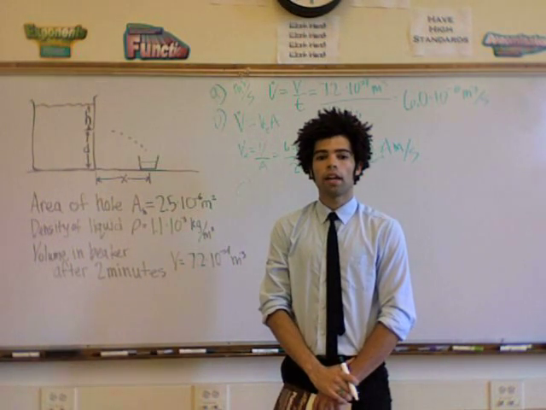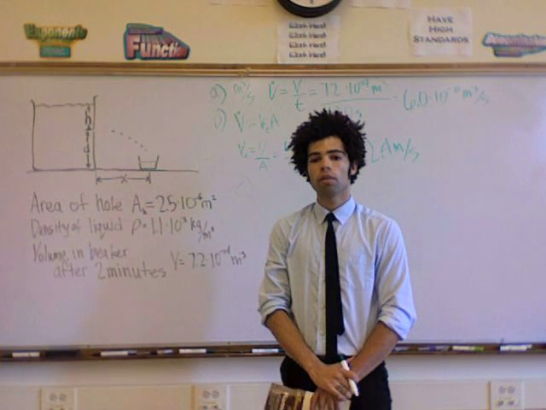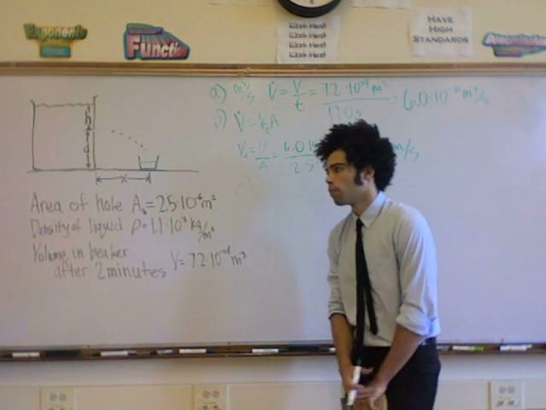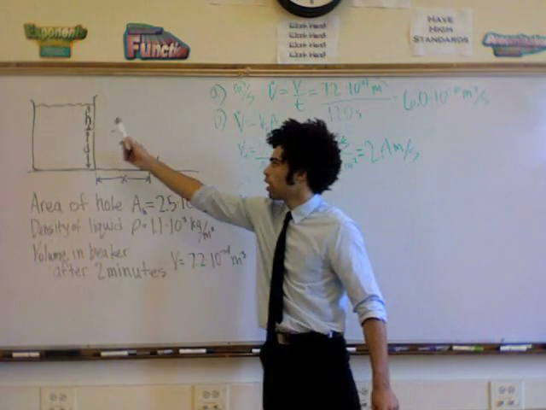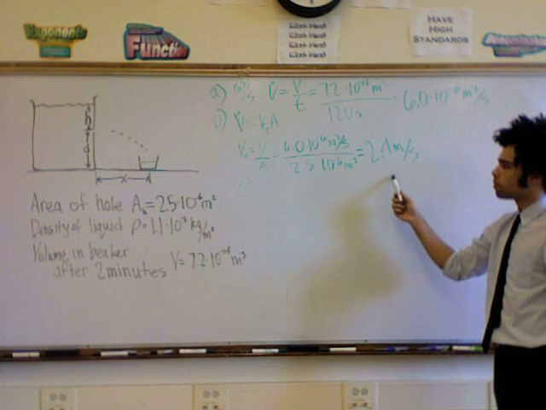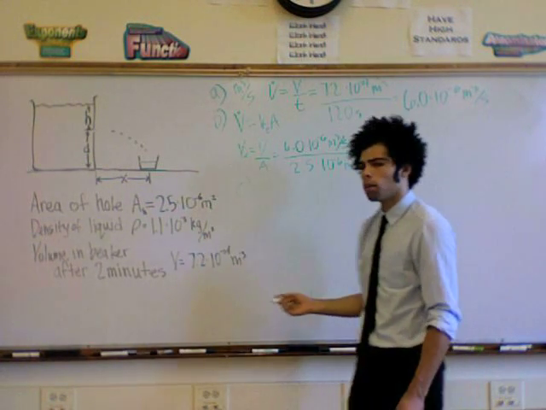Calculate the height h of the liquid needed above the hole to cause the speed you determined in part B. So, what h of the liquid will give us this speed? Now, we can do this a couple of ways.